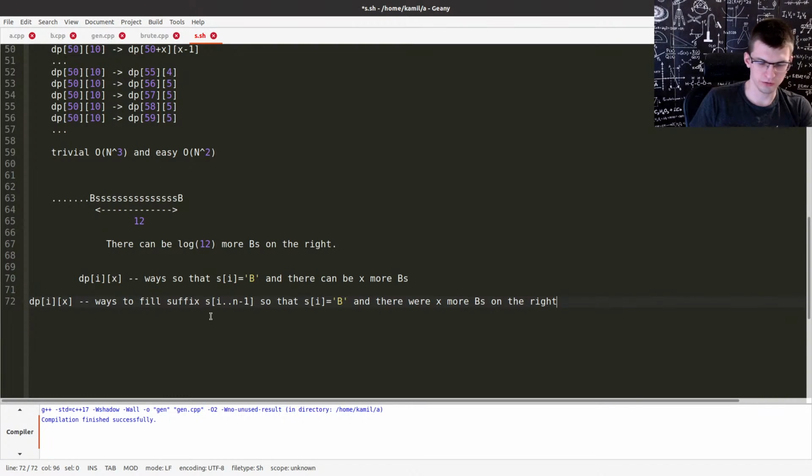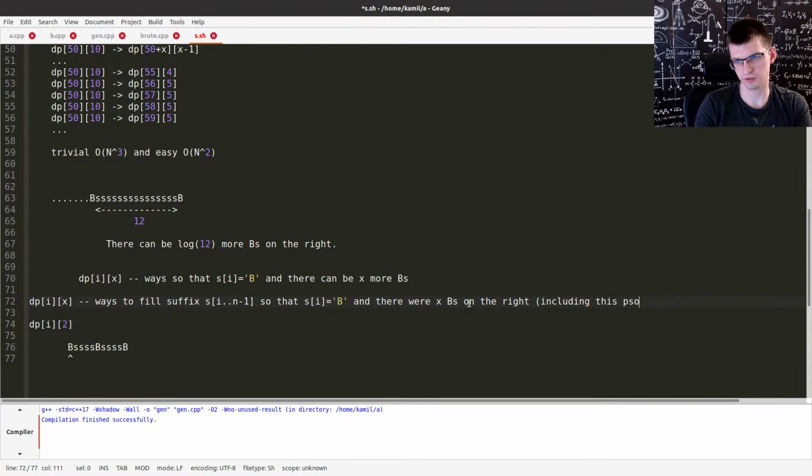If there are two more b's and I have a b here, and I'm looking at this position, then how many s's can I have here? Let's say x b's on the right, including this position.